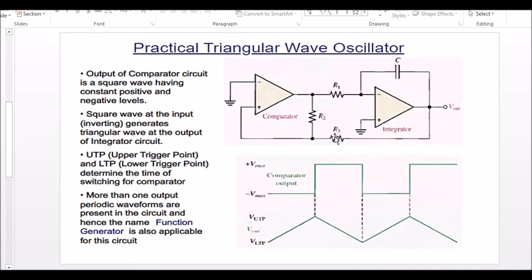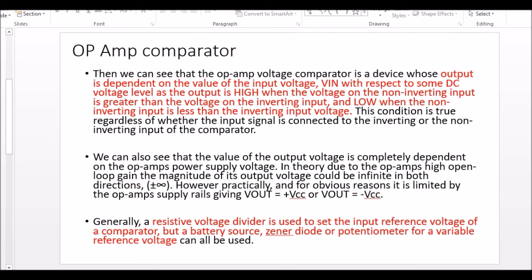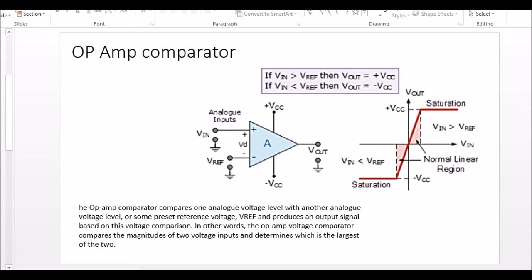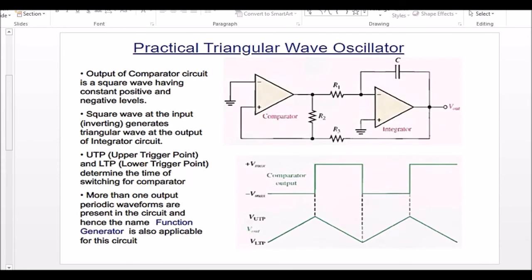It flips between your positive and negative voltage levels, and there's a reference voltage and a negative voltage required. So this V input is actually what I'm feeding back from my V output, and the reference voltage I have set here is actually grounded.